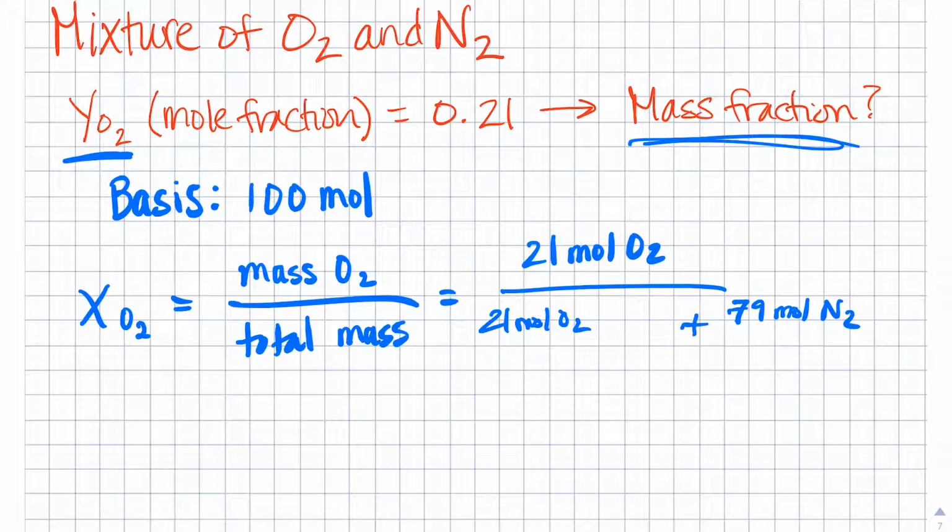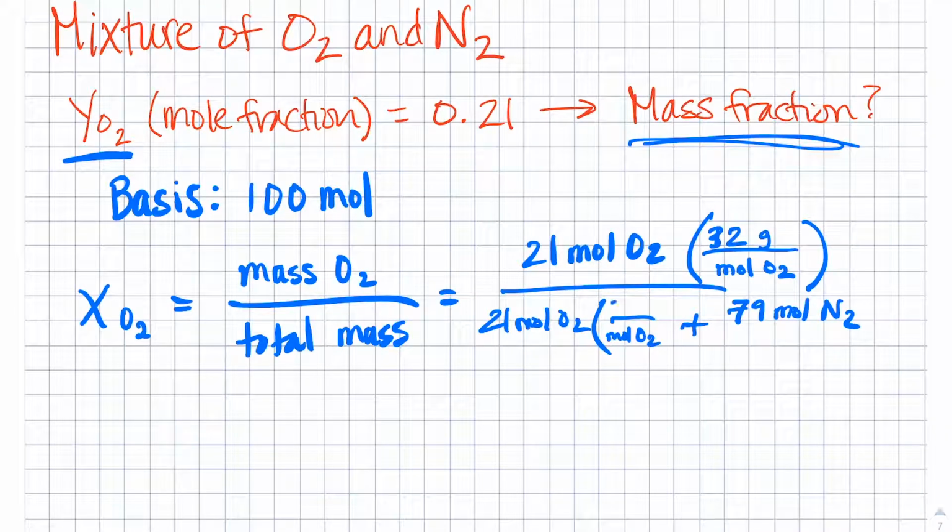That's still a mole fraction, so I need to convert these, and this is where the periodic table comes in, because we know on the periodic table that a mole of O2 is 32 grams. So I can do that conversion here.